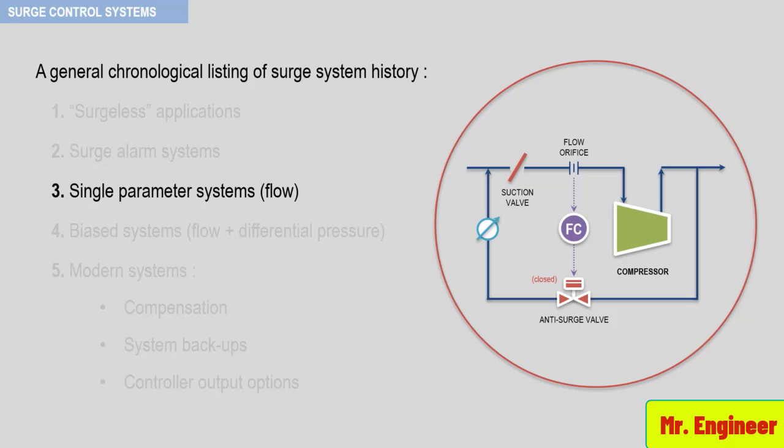However, it must be understood that a one-parameter system will not be economical in a large area of operation, as in the cases of suction throttle constant speed devices, and variable speed drives will not be allowed. The result will be unnecessary recirculation of the gas and a loss of product revenue, as depicted here.